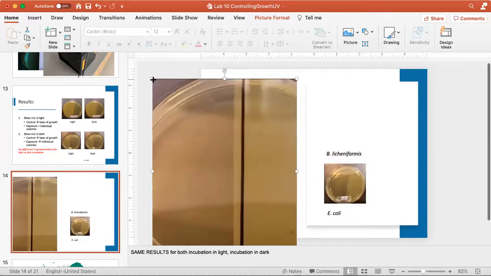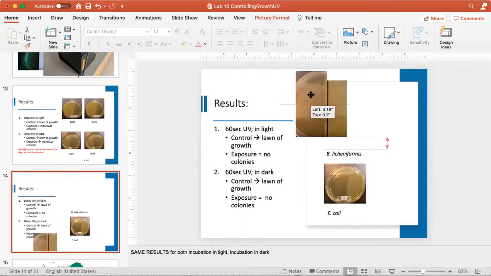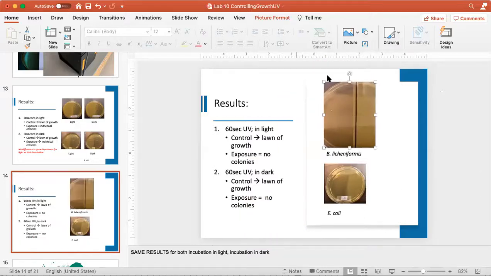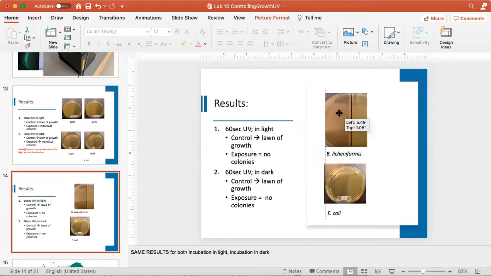We know that light repair and dark repair were working because of the 30-second plates. We saw on the 30-second plates that both repair systems were working. But when we doubled the exposure time to 60 seconds, we overwhelmed it.